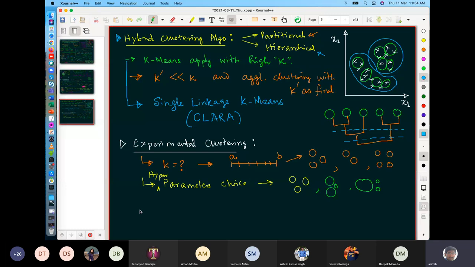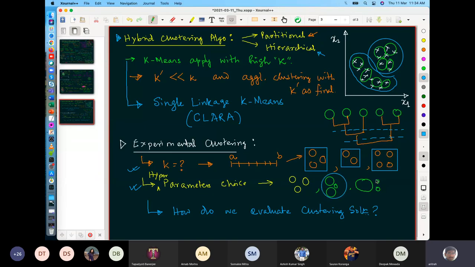So finally, where we reach here is, for the better selection of this and of this, the question is how do we evaluate clustering solutions, whether this type of clustering is good, with respect to this or this.